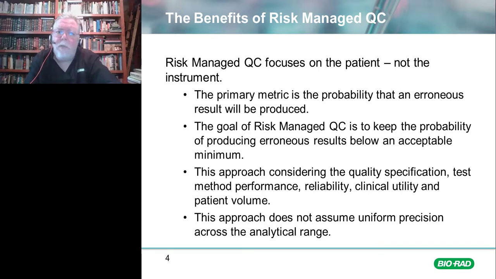we testing in the presence of an erroneous result, and things like what's our relationship between the quality specification and the test method performance? How does test method reliability play a role? What are we doing with these actual results?